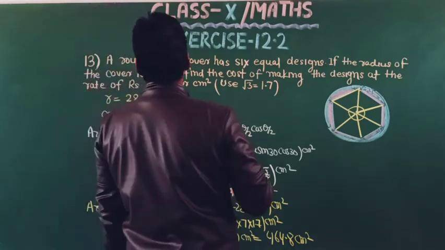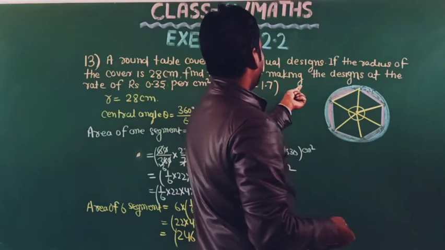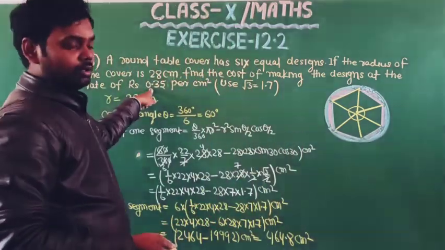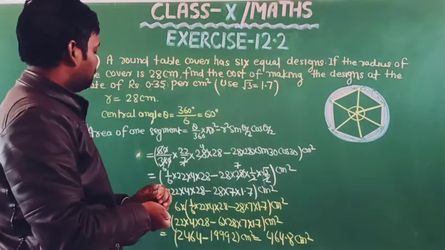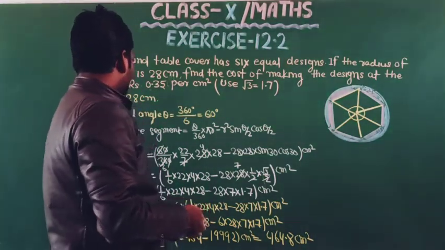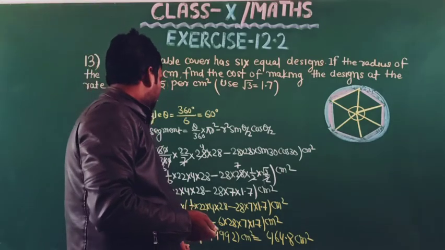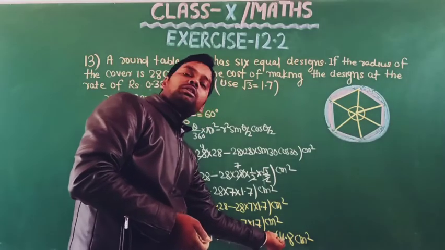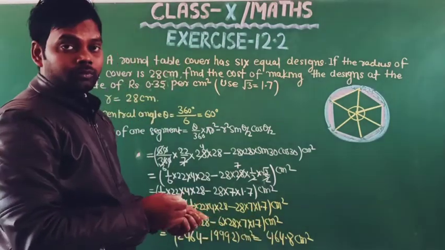Now we have to find the cost of making the design. The rate is rupees 0.35 per centimeter square, and the total area is 464.8 centimeter square.